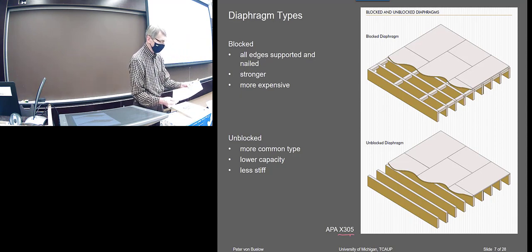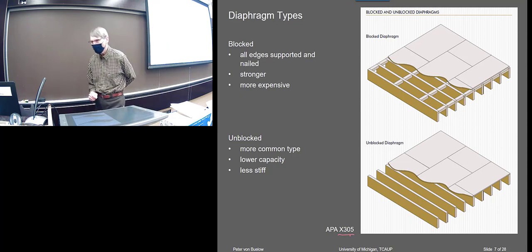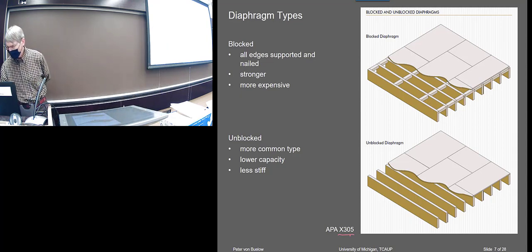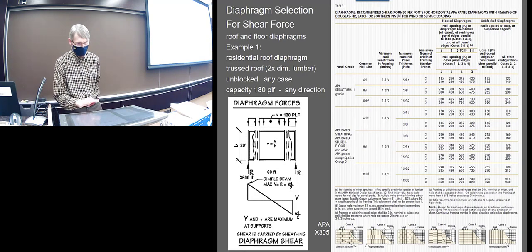This one also covers diaphragms and shear walls. I think it has those tables, and it has much more explanation. It's got some of the equations, a little bit more about the nailings and that kind of thing. But that one also has design tables in it. Okay, so let's see. Yeah, like this one.